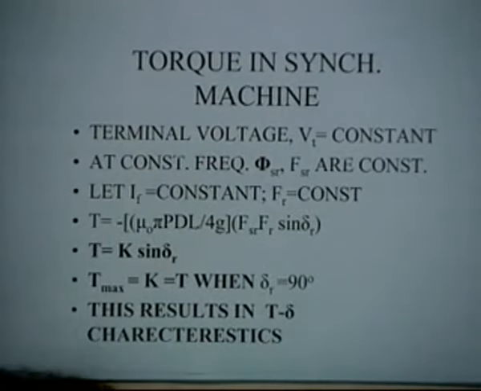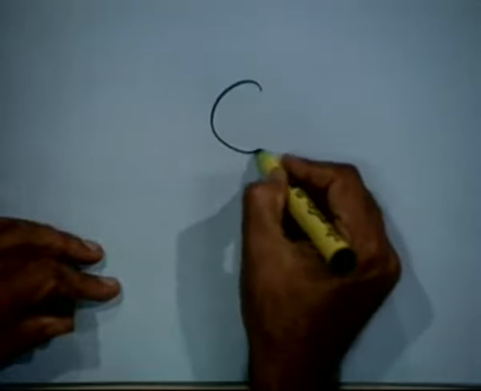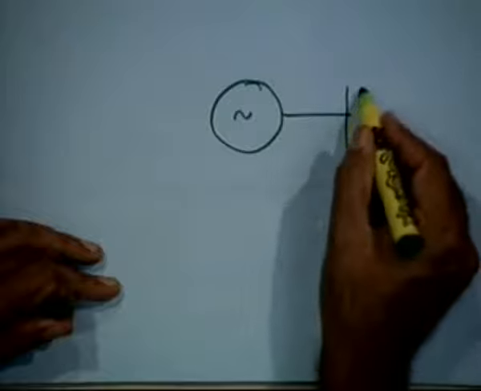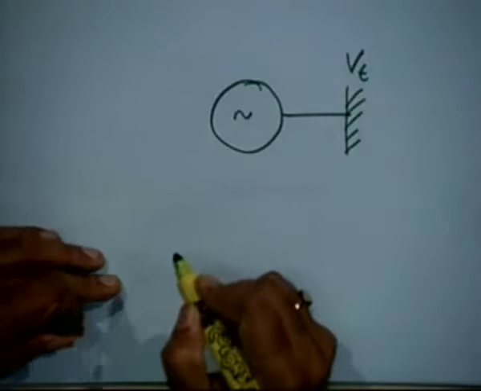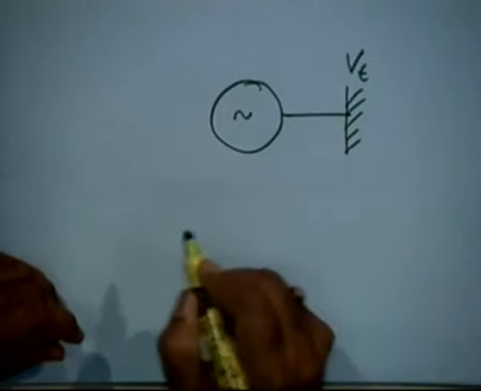Torque in the synchronous machine. Now in a synchronous machine, unlike a DC machine, it is connected to a three-phase AC source. If you draw a schematic of a synchronous machine, it is connected to a source, generally feeding a source as a generator, or taking power from the source as a motor.